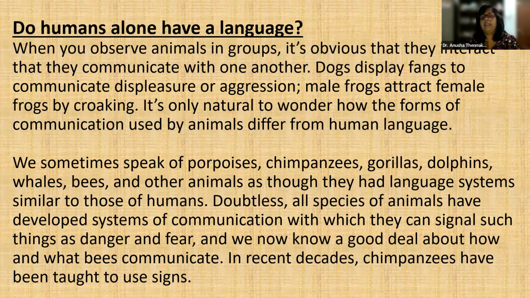In recent decades, chimpanzees have been taught to use signs. Let's forget about chimpanzees. Think about the dog at your home or the cat, and how you have trained them to communicate. So we can understand that even animals have a way of communicating. They have their own language.